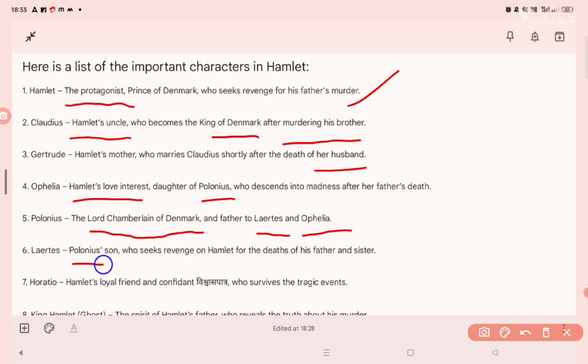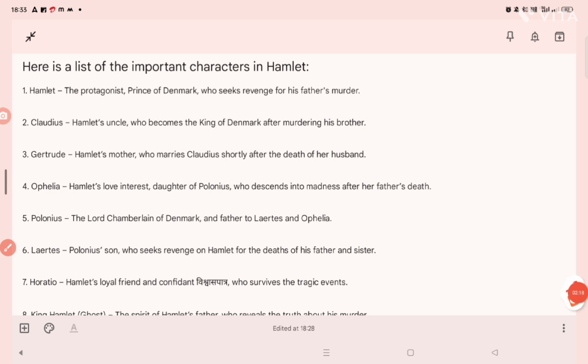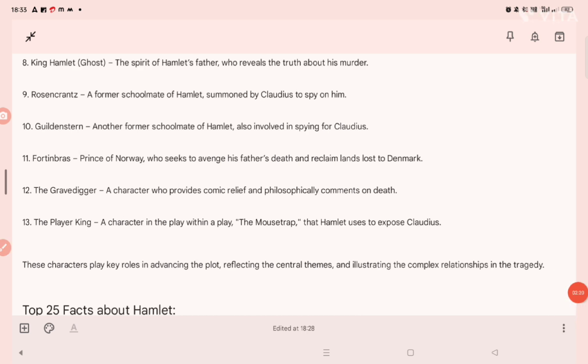Laertes, Polonius' son, who seeks revenge on Hamlet for the death of his father and sister. Horatio, Hamlet's loyal friend and confidant, who survives the tragic events. King Hamlet's ghost, the spirit of Hamlet's father.